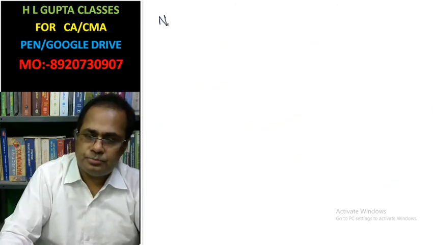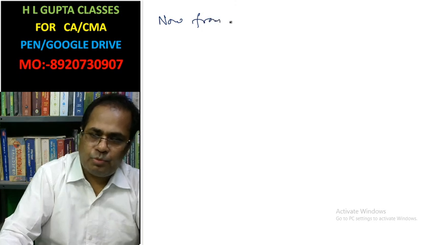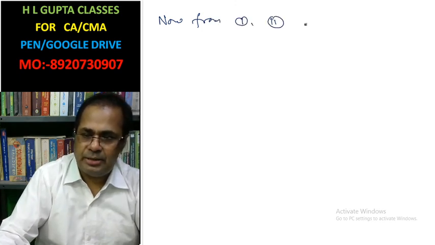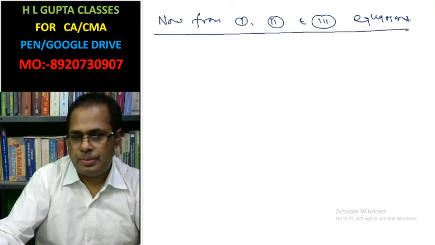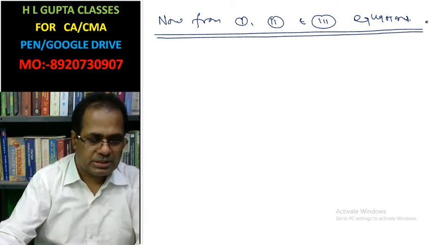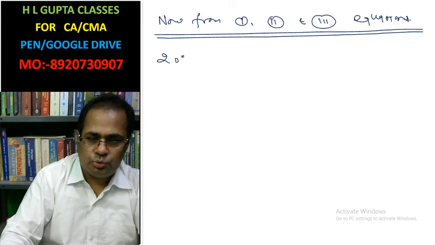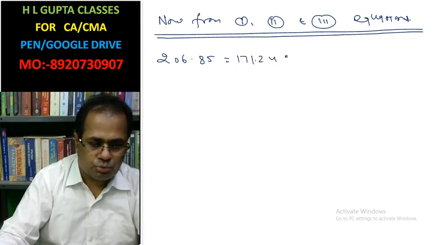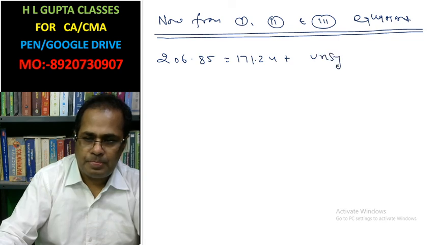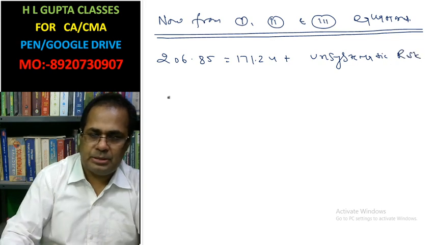Now from the first, second and third equations, we have 206.85, 171.24, unsystematic risk.